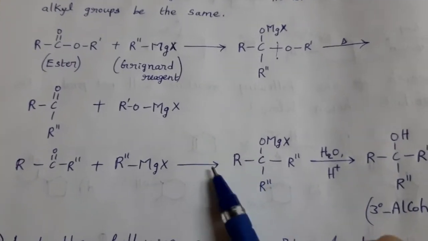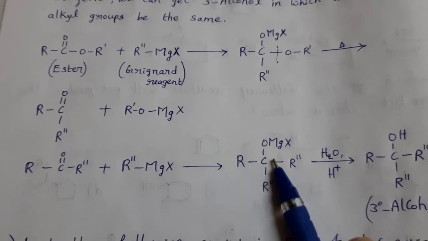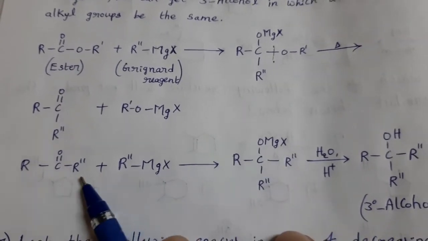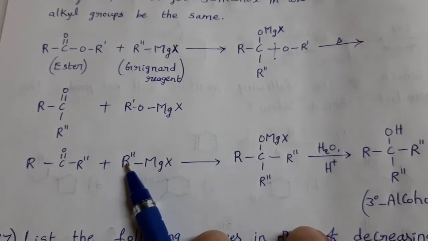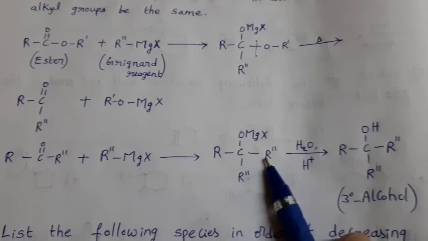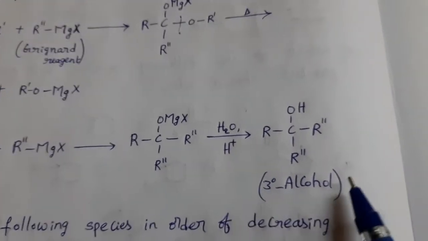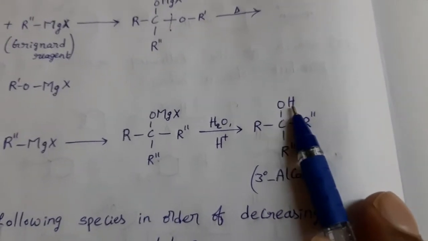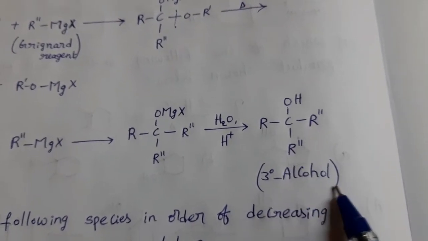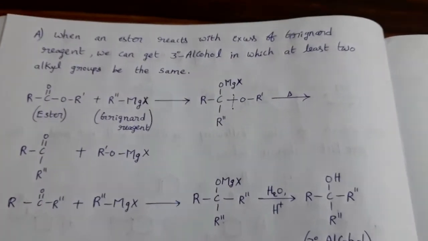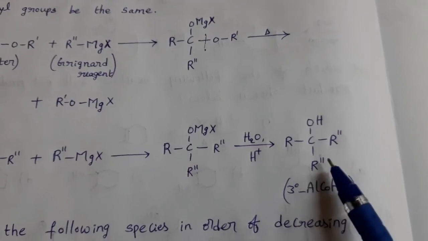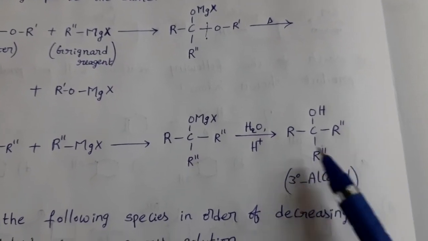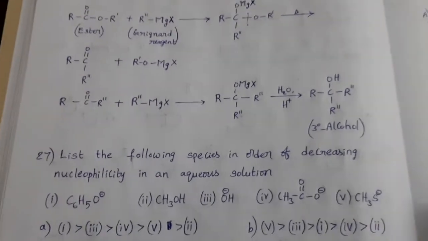Then what happens? R C O MgX, R double prime, this alkyl group is also attached to this carbon. In this way, on hydrolysis, we can get this one R C O H R double prime, tertiary alcohol. So in this way, 2 alkyl groups are the same. In this compound, these 2 alkyl groups are same. So this is a condition.